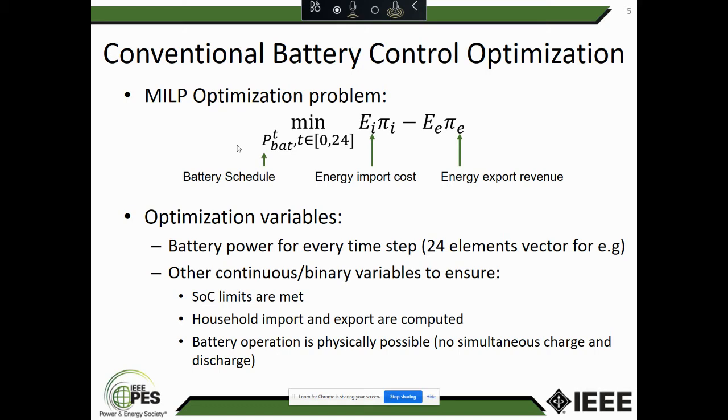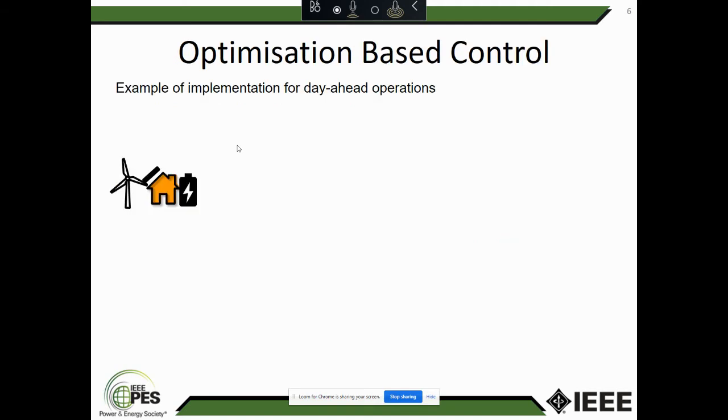So household import and export must be computed, and the battery operation has to be physically possible, meaning that we can't charge and discharge at the same time. So that's why we need auxiliary variables such as binary variables, which makes the problem a mixed integer problem.